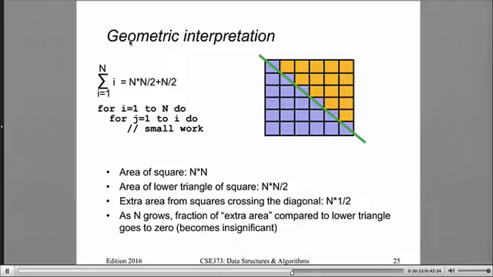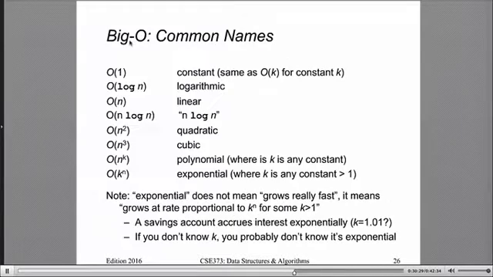And what is described in these double for loops is the squares which are yellow or orange here, which is n to the power of 2 divided by 2, right? And so as n is growing, the extra area compared to the lower triangle goes to 0 because it's insignificant, right? That's a geometric interpretation of it.